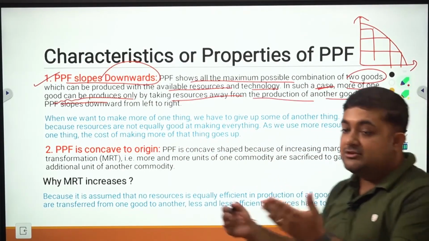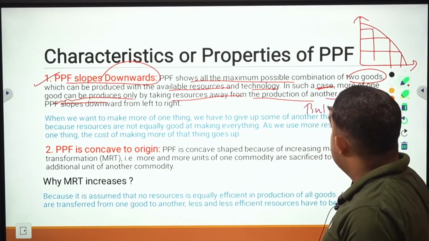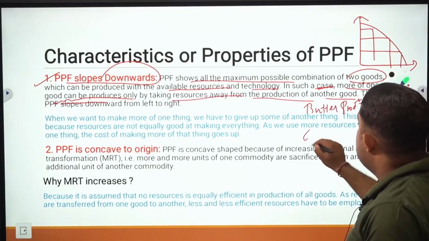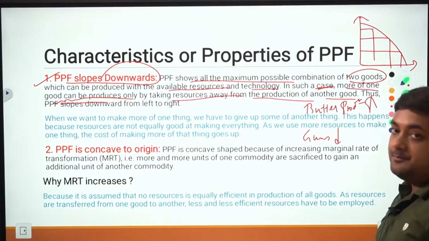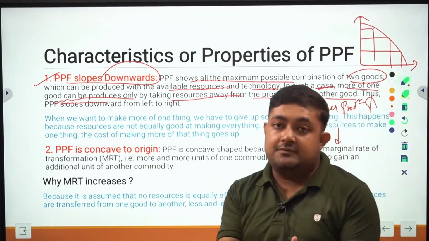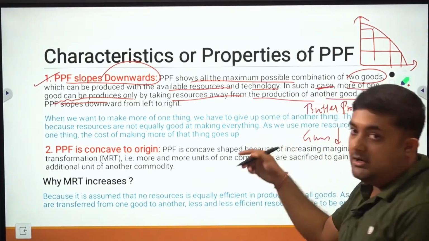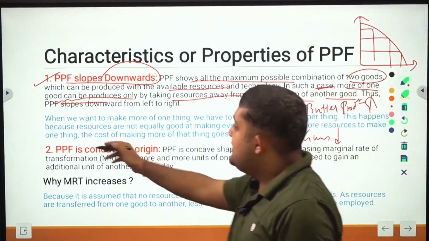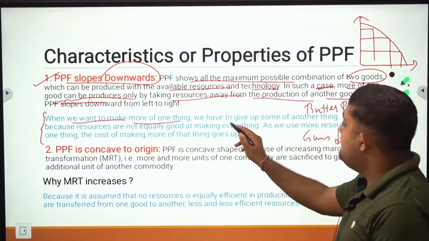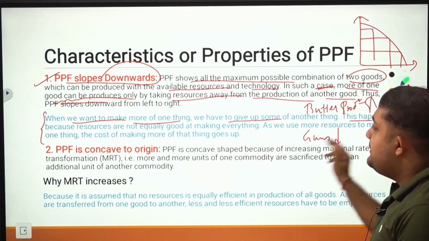That means for goods like butter or guns, we can increase butter production only when we decrease guns production. So more of one good is produced by decreasing the other good. Here you can refer to the earlier slide for this. When we want to make more of one thing, we have to give up some of another thing, that means sacrifice.